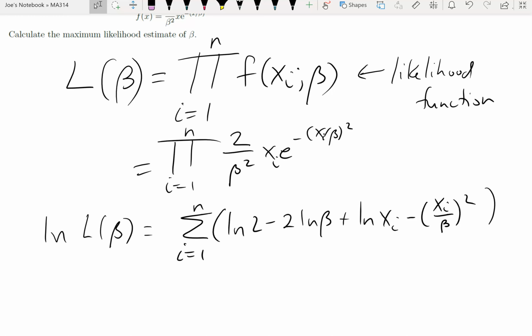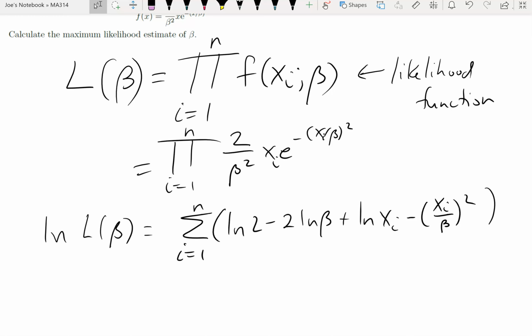I can't bring that down because there's not a log there anymore, because the log canceled the e. But otherwise, yes, you would have been able to bring it down. Everybody see where I got this? I did that quickly, but I've got about 2 minutes, so I was trying to hurry.